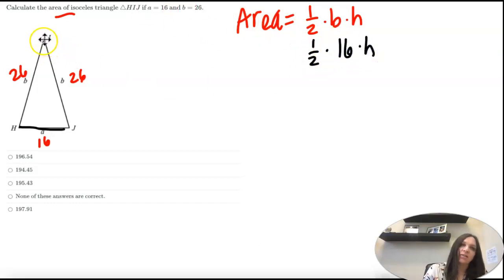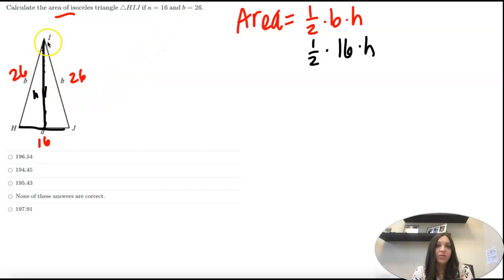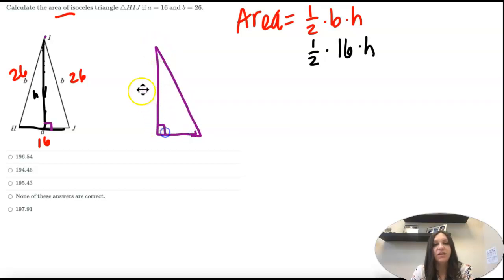So that is, if we drop down this line, this would be the height, which we're not given. But when you drop a line from the top of a triangle to the bottom, you make a right angle. So I have a right triangle. I'm trying to find h.